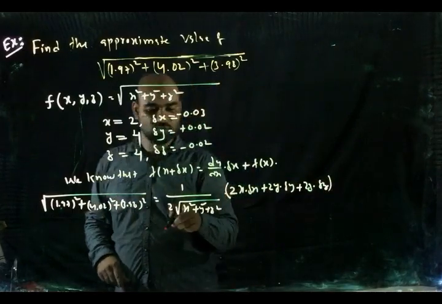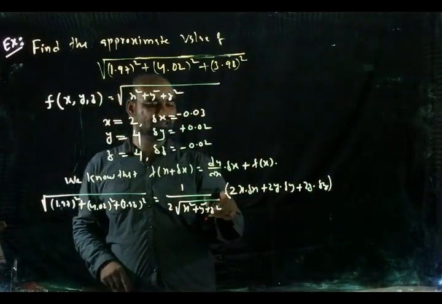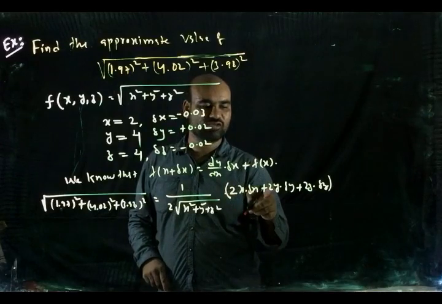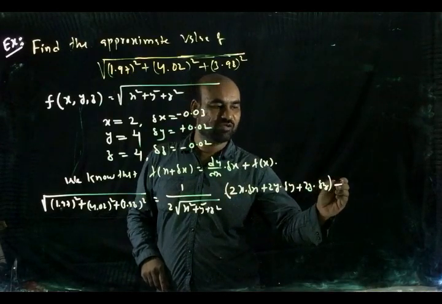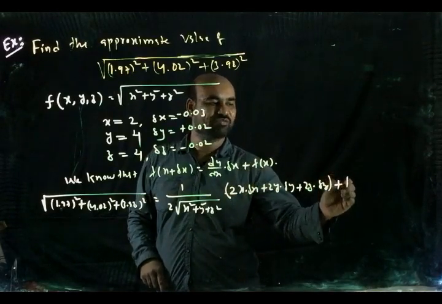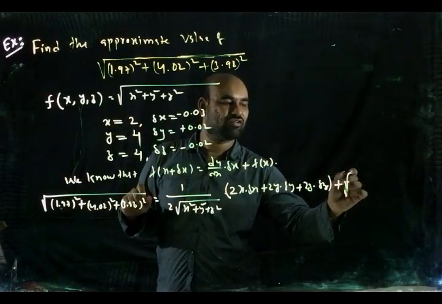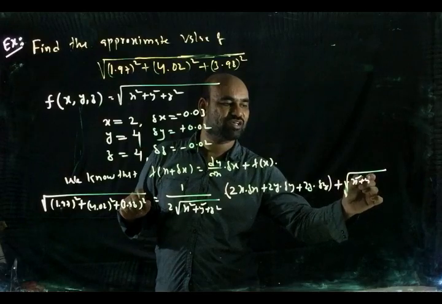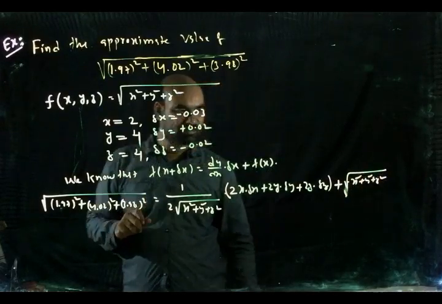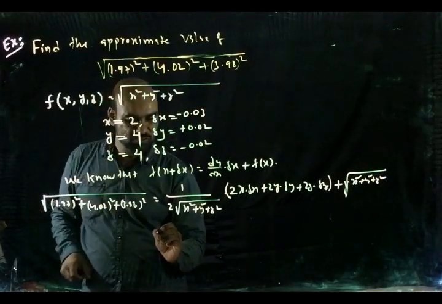So 1 by 2 root over x square plus y square plus z square into 2x into delta x plus 2y into delta y plus 2z into delta z plus f of x. F of x means this one, root over x square plus y square plus z square. So now just substitutions.